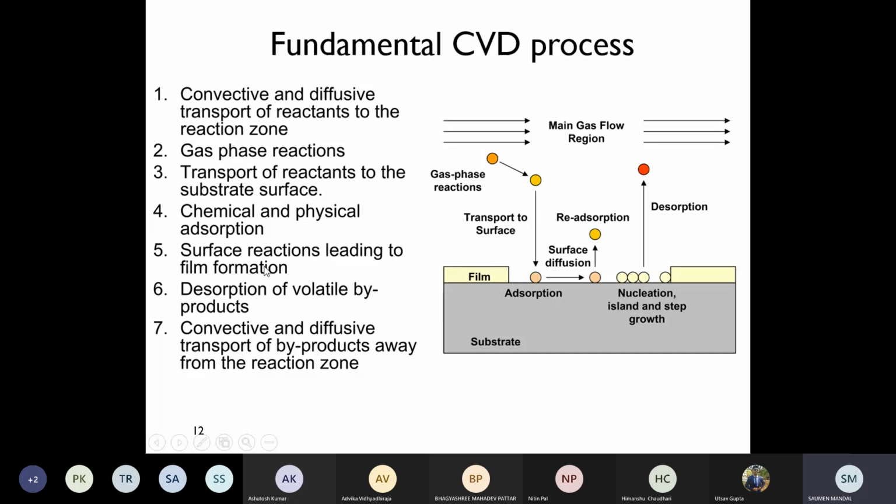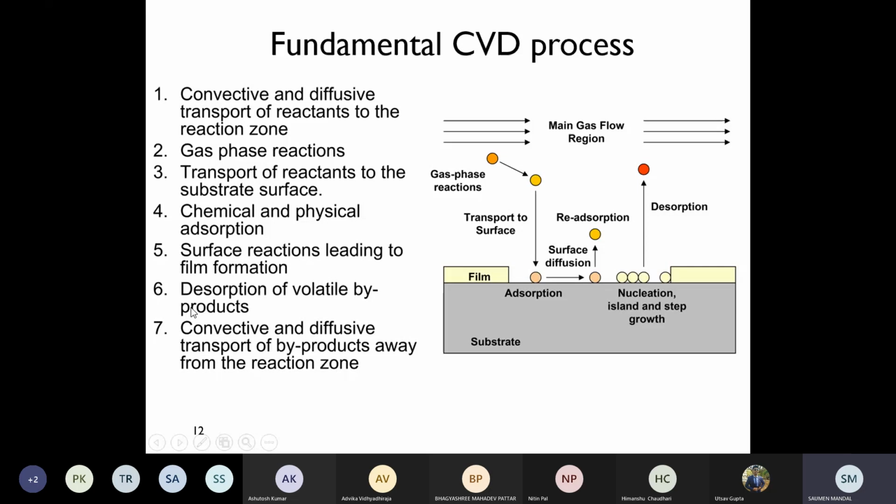And then surface reaction leads to the film formation. Again, some surface reaction is sometimes required for the film formation, or sometimes, let's say the metal is coming, then here a metal oxide will form. That kind of reaction may also happen.